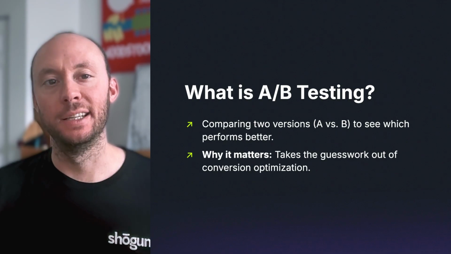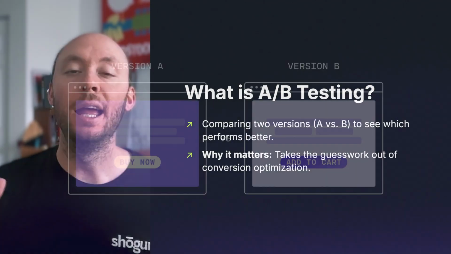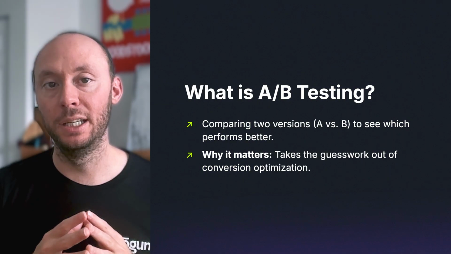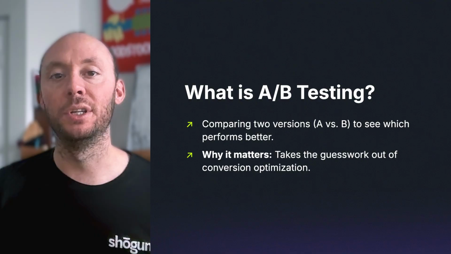All right, let's get started. What is A/B testing? It's simple in concept, but the results can be powerful when you embrace it. A/B testing is the process of showing two different versions of something like a web page, hero section, banner, button, anything on a web page, and comparing that against another version to see which one performs better. Instead of relying on gut feelings, A/B testing allows you to say with data which version is better.